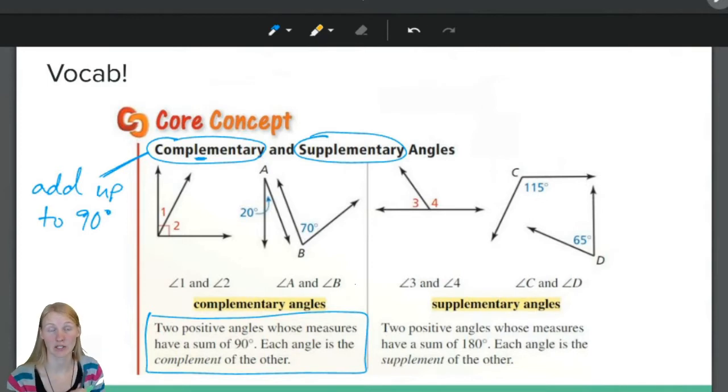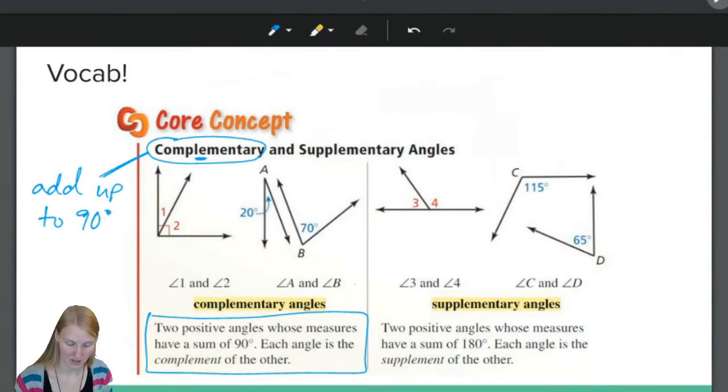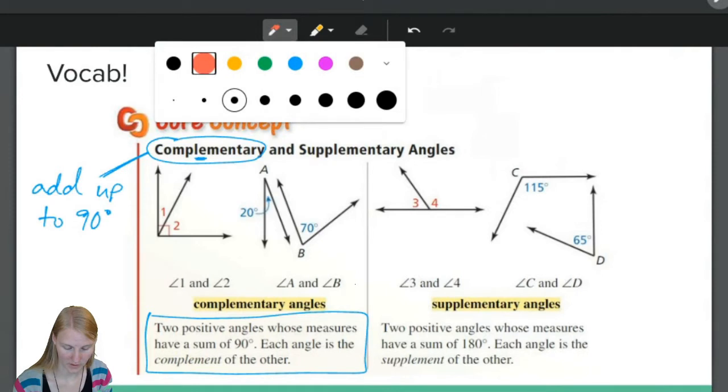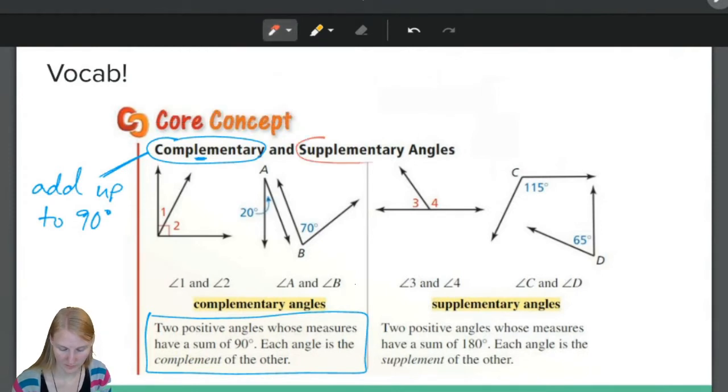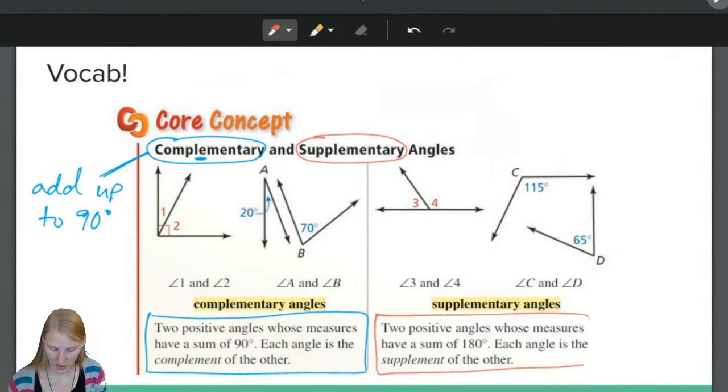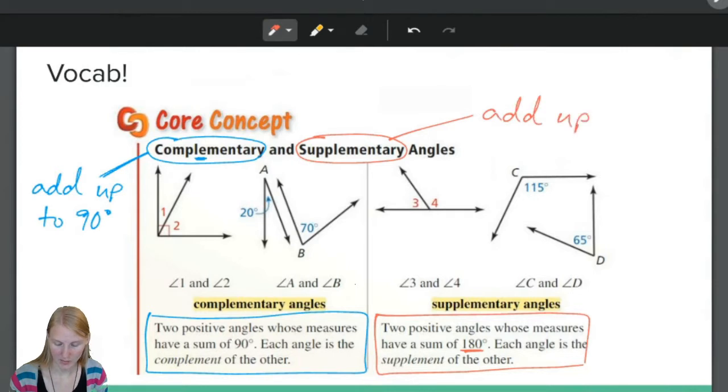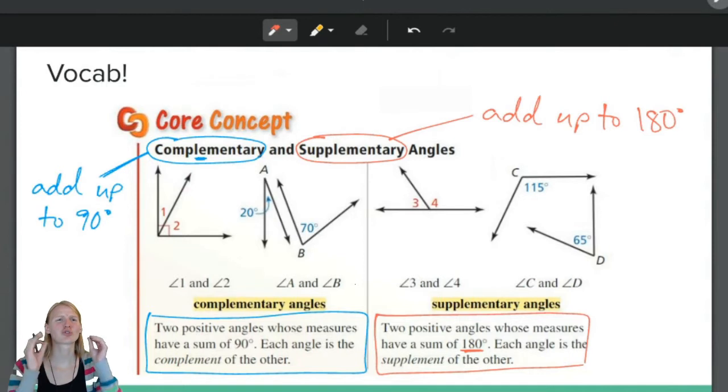And please put this in your notes. I'm going to get a different color for supplementary. Supplementary angles are similar. They are two positive angles whose measures have a sum of 180 degrees. So these add up to 180. These are so important.